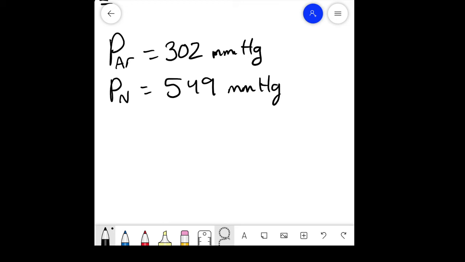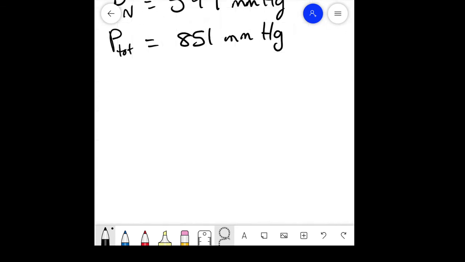And the total pressure is 851 millimeters. So we're looking for the mole fractions, the mole ratios. I really don't remember what they're called at this point.